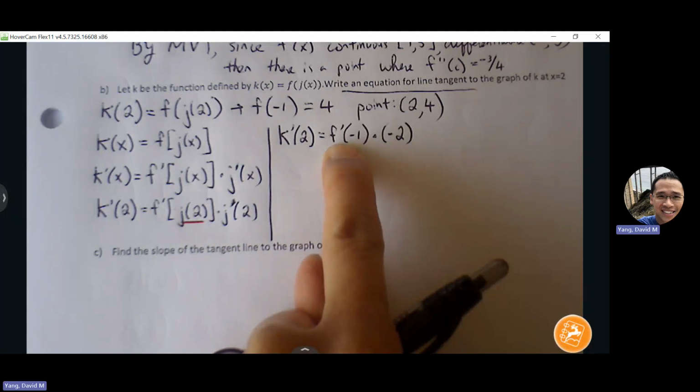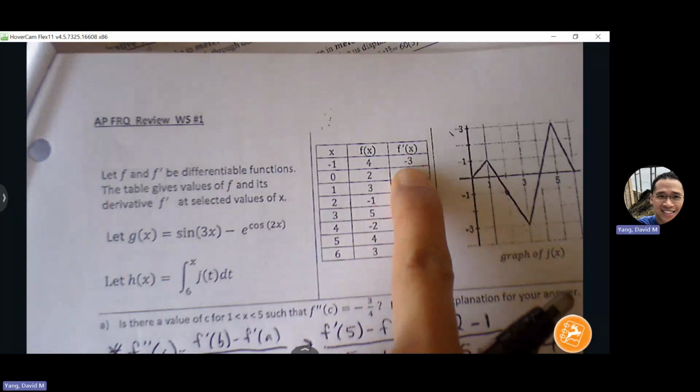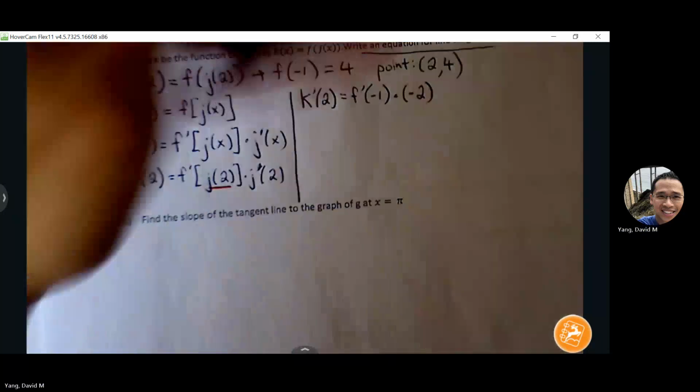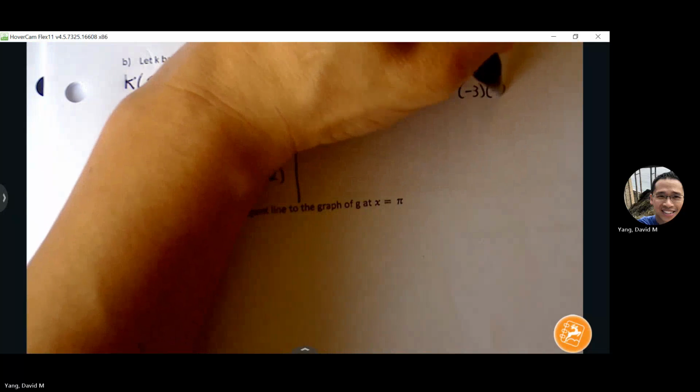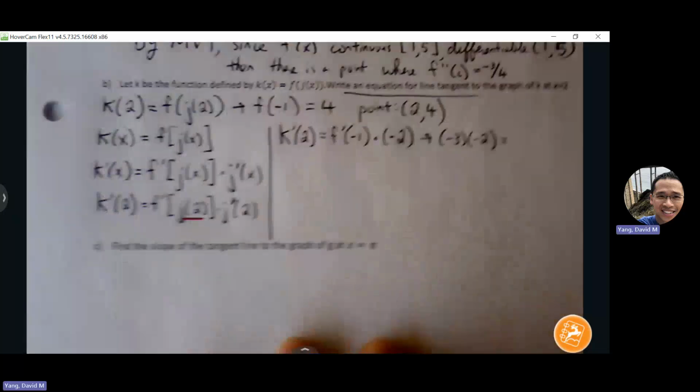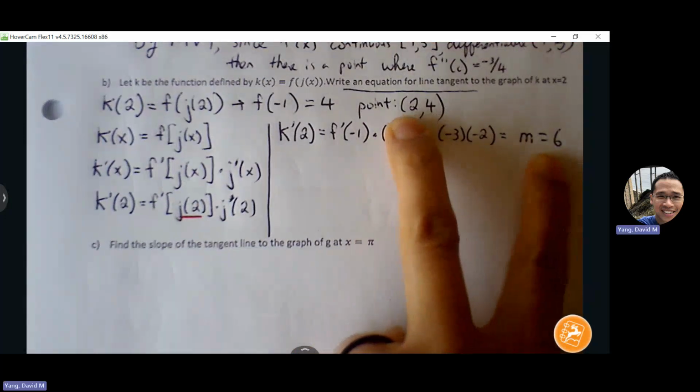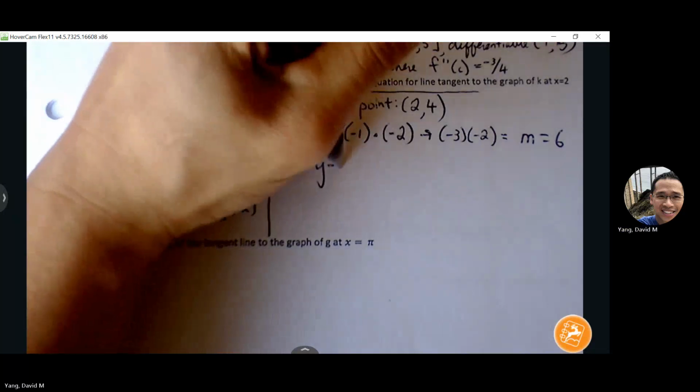So that's f prime of -1. Okay, what's f prime of -1? Yeah, -3. So my overall slope is what? 6. But now that I have an ordered pair and slope, I can put it into point slope form.